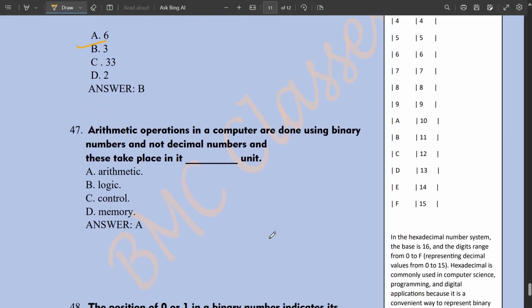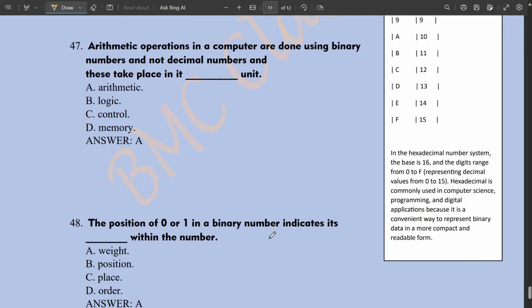Okay. Next, arithmetic operations in a computer are done using binary numbers and not decimal numbers, and these take place in the arithmetic unit. Option number A is correct.